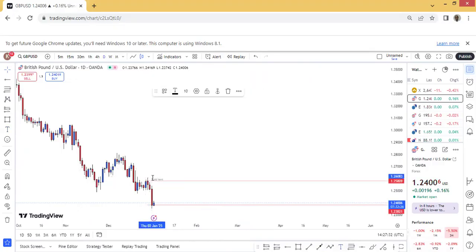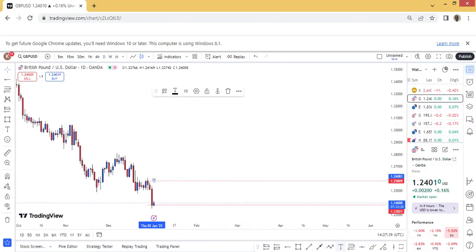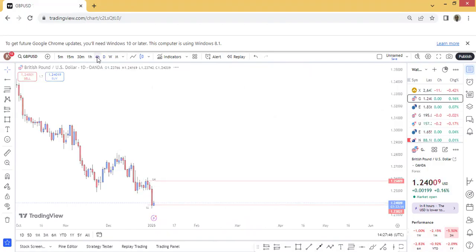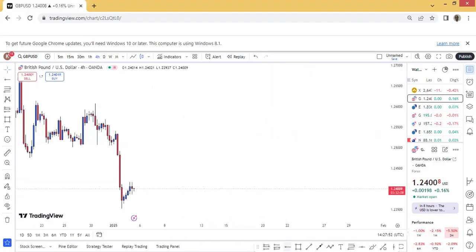So we have our lower high, the short, seen only on the daily chart. And then we have our lower low. Good. We come to the 4 hours. This is also bearish.